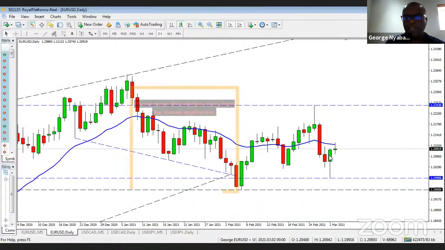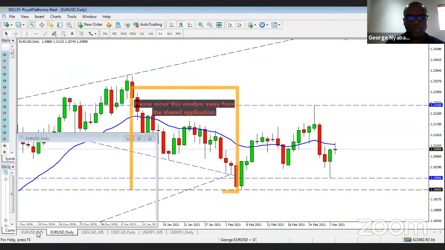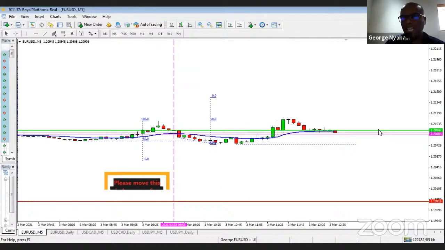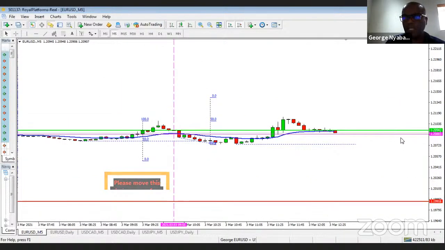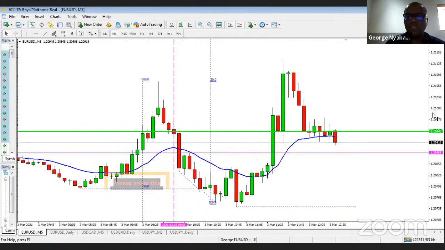The other thing I pick is the high of yesterday, which is 1.1942, and there is the high of yesterday, which is in green. Then the third thing that you're picking up from the daily time frame is just where did we open today? So you can pick up the open of the day, 1.20885, and there's 1.20885. That's the open of the day.